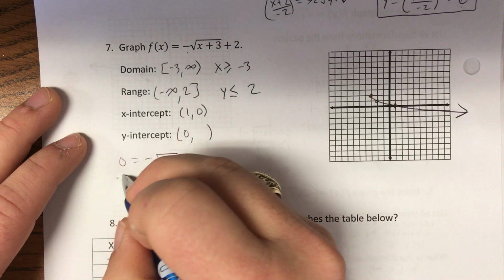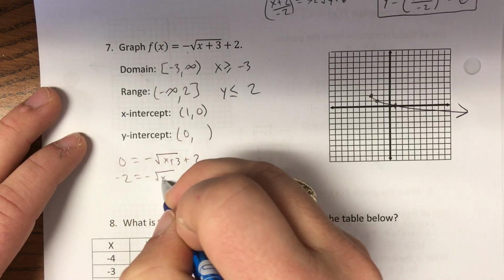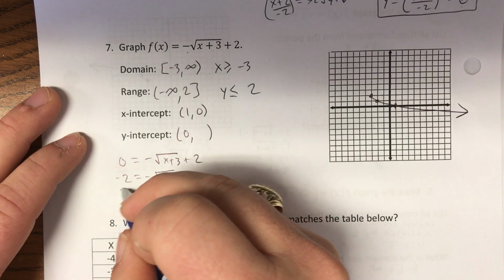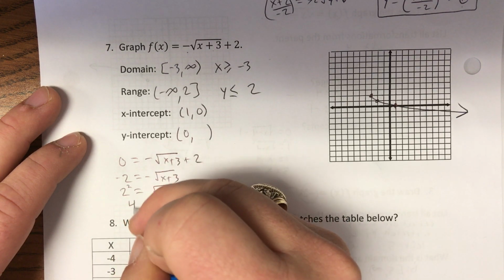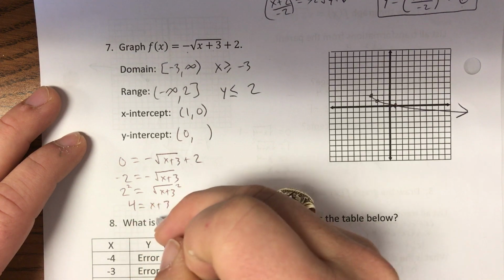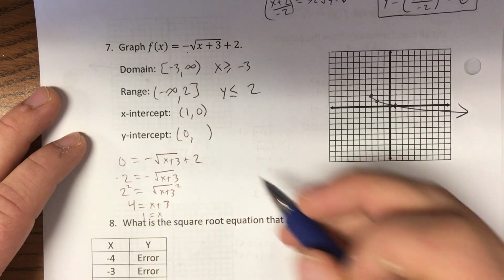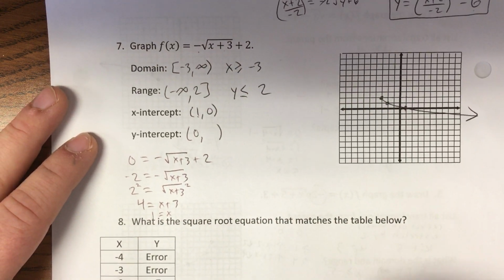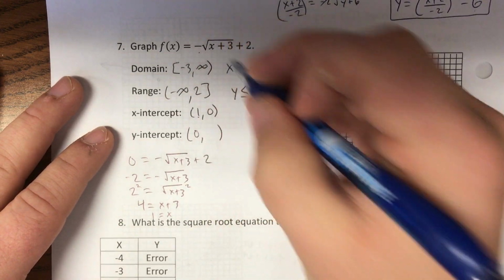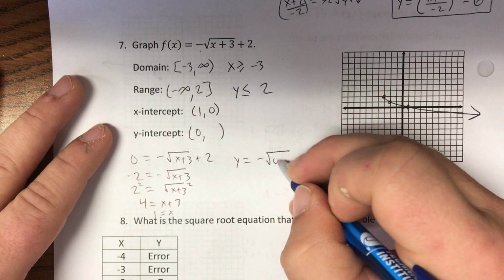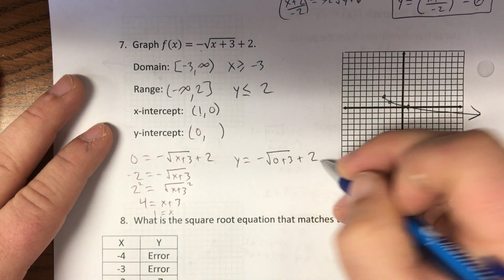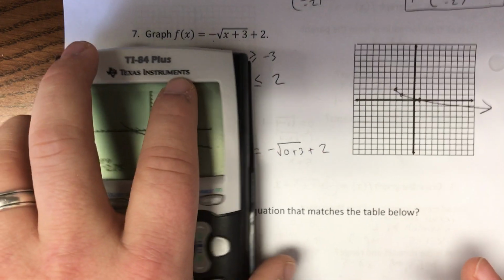So we'll subtract 2. We'll divide by the -1. We'll square both sides, and then we'll subtract 3 over, so x equals 1. That's what we had. For the y-intercept, we'll plug in 0 for x, and we'll solve for the y: -square root of 0 plus 3, plus 2, and we'll just put that in the calculator.